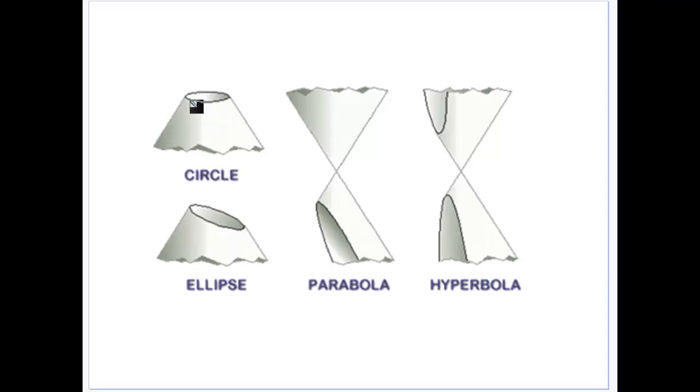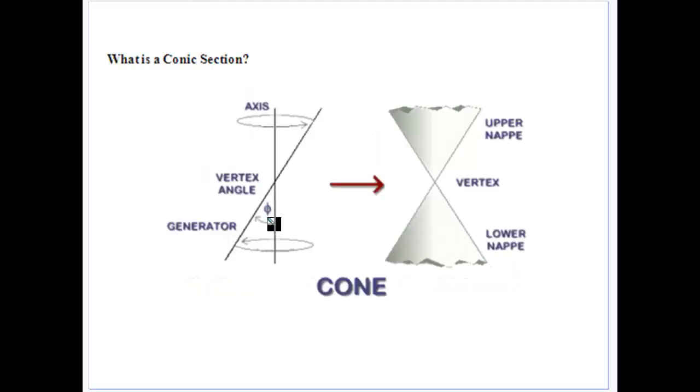So if we take a slice straight across, so it's perpendicular to the axis, then we're going to get a circle. If we get a slice that has an angle greater than 0 degrees, that's an angle of 0 degrees because it's perpendicular to the axis, or if we take the axis as being 90 degrees, it's going to be greater than 0 degrees, but not as great as that angle alpha, or phi, we've got there.